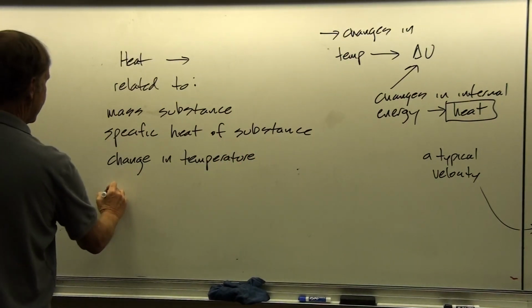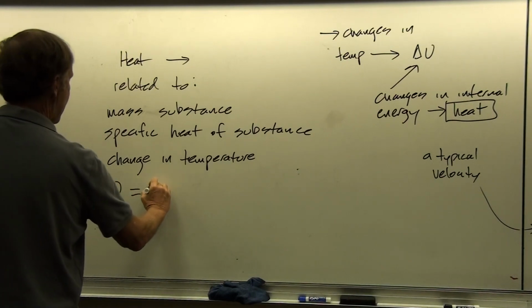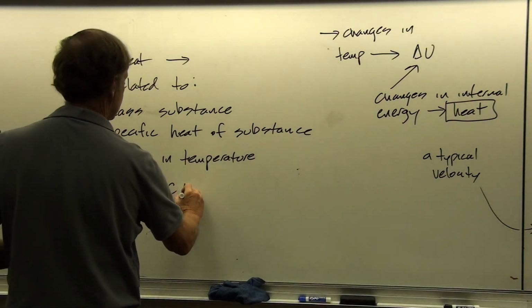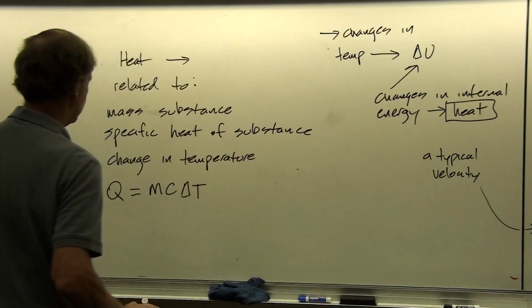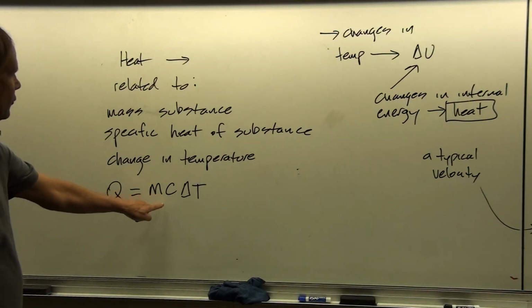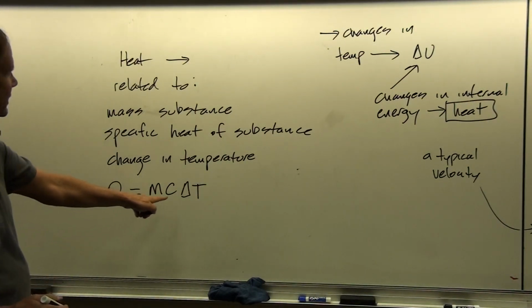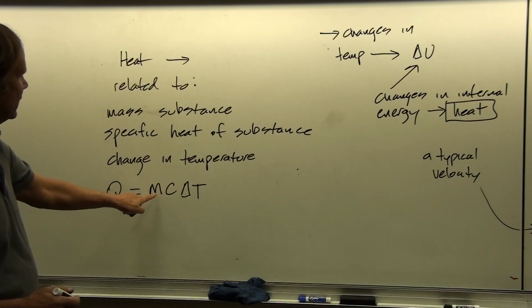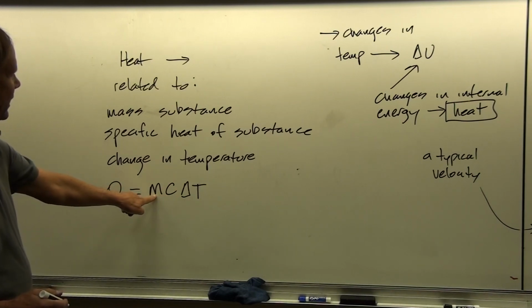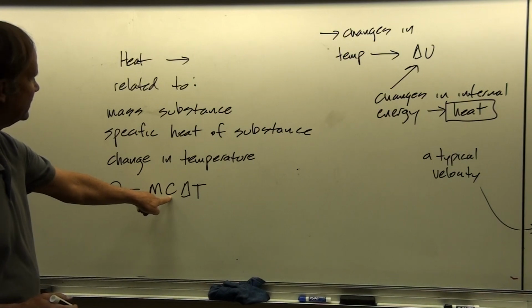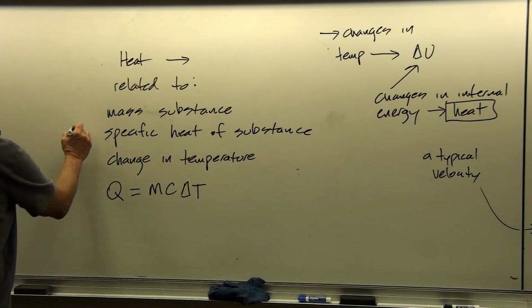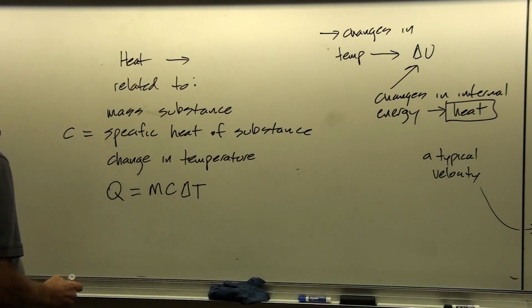Okay, and so we write the heat Q as mc delta T. So this is the heat required to cause a temperature change, delta T, of an amount of mass m that has a specific heat c.